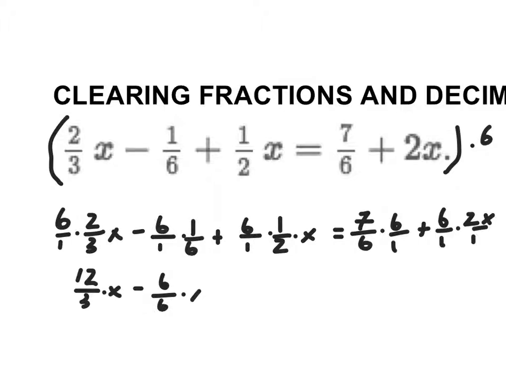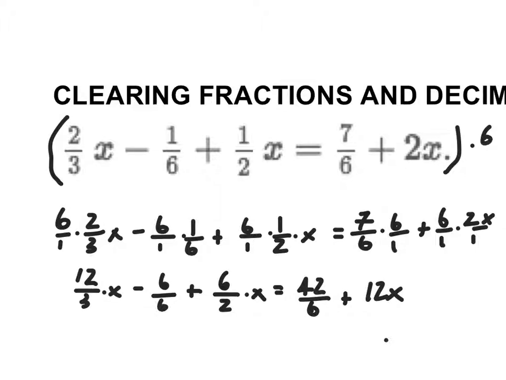Plus 6 times 1 is 6, over 2, times x, and this is equal to 7 times 6, which is 42 over 6, and then plus 12x.